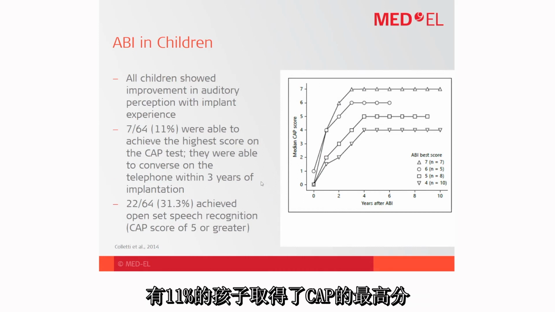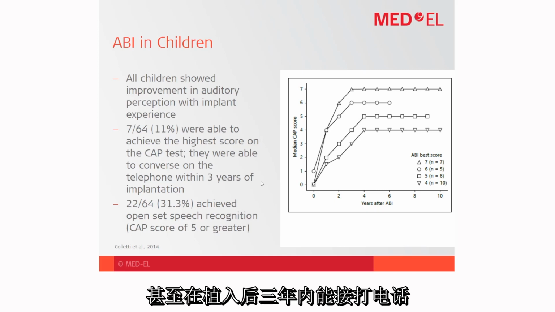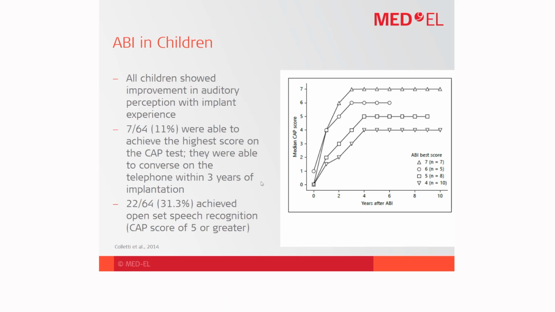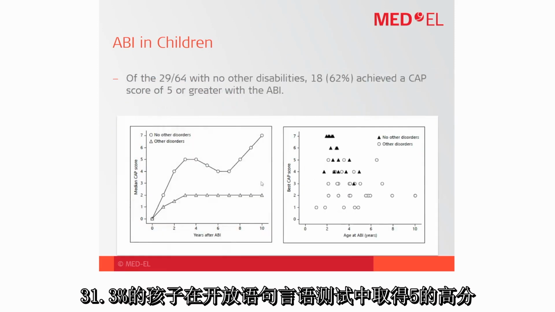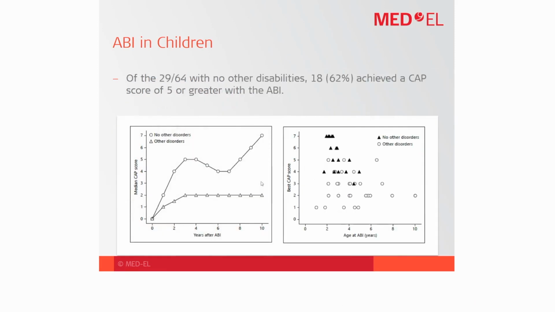And 11% were even able to achieve the highest score on the CAP test and were able to converse on the telephone within 3 years after implantation. 31.3% achieved open set speech recognition and a CAP score of 5 or higher. And 62% achieved a CAP score of 5 or greater with the ABI.